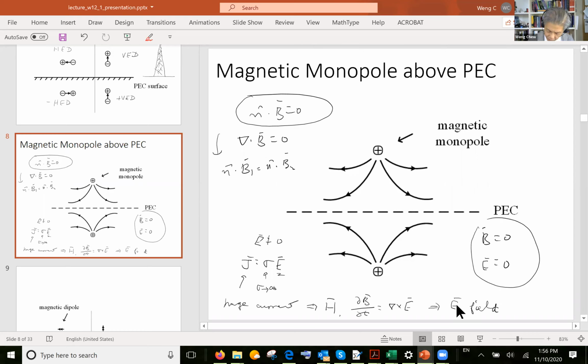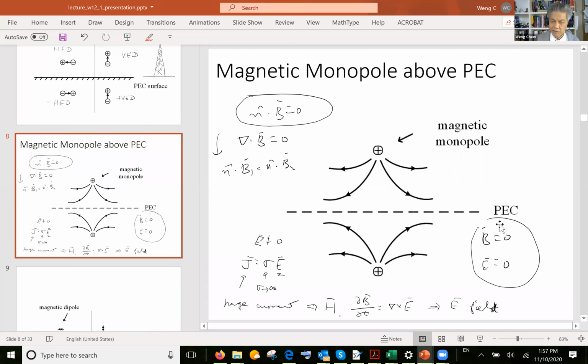You just need a small E field, and it produces an avalanche effect, making the E field stronger and stronger. That's unstable. So it's not stable to have a solution for which E is not equal to 0 inside the perfect conductor. So the stable solution is for E equal to 0.